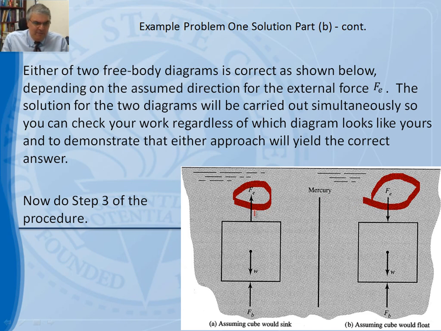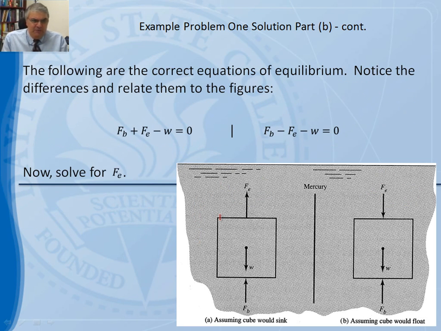We can assume F sub E acting upward, or we can assume F sub E acting downward. Both are correct. But we need to come up with a direction and assume that as our positive direction. That's how we do it for this particular problem.